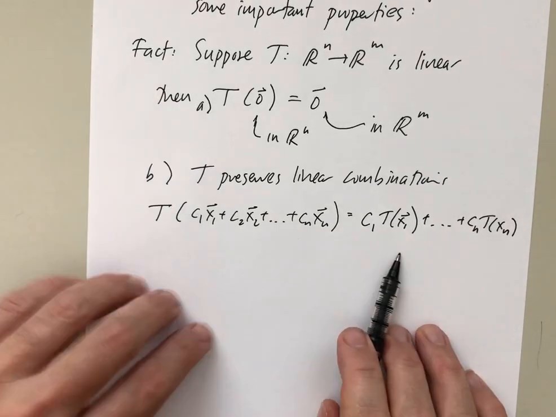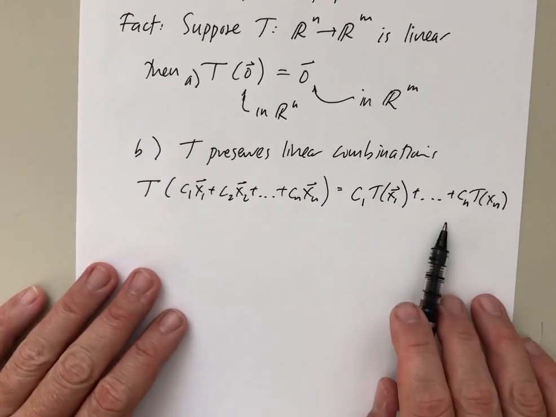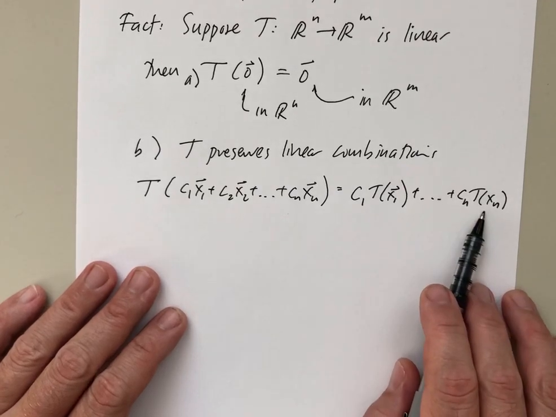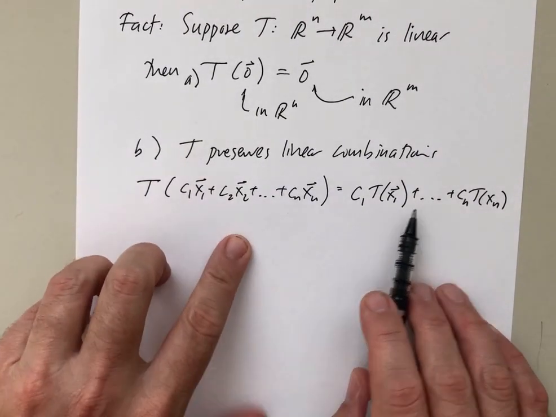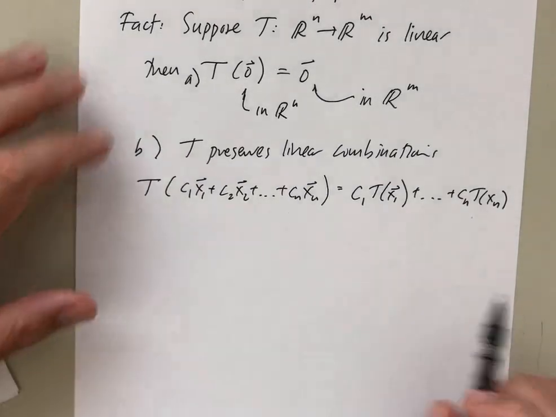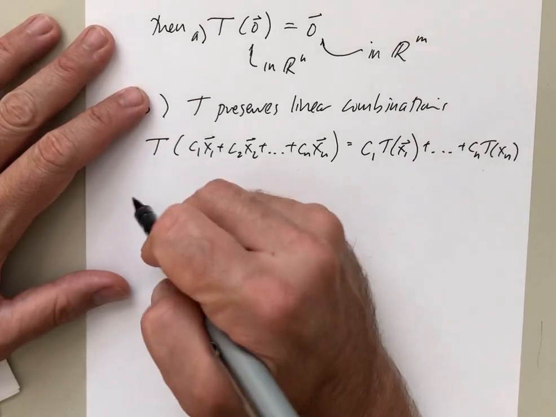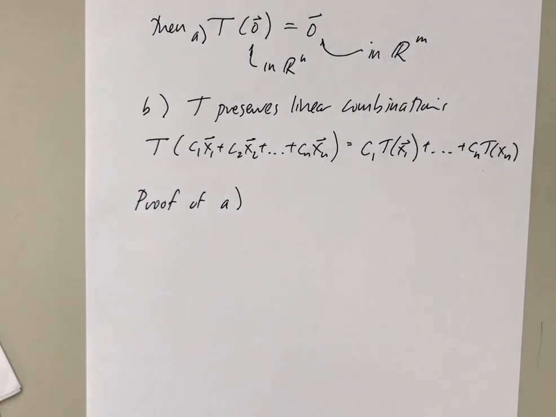So you input a linear combination and get a linear combination on the right-hand side where the weights are the same, and the vectors are now T of x1, T of x2, up through T of xn. Let me, in the remaining time, prove part A.